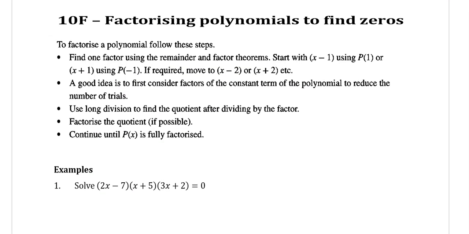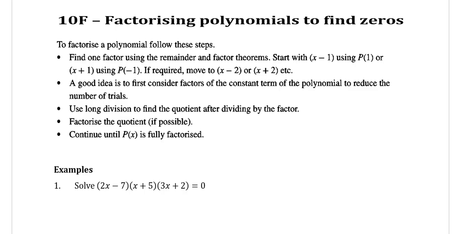To factorise a polynomial, follow the following steps. We have to find one factor using the remainder and factor theorems. So we usually start with x equals 1, move on to minus 1, then plus or minus 2, etc., until we find a factor.